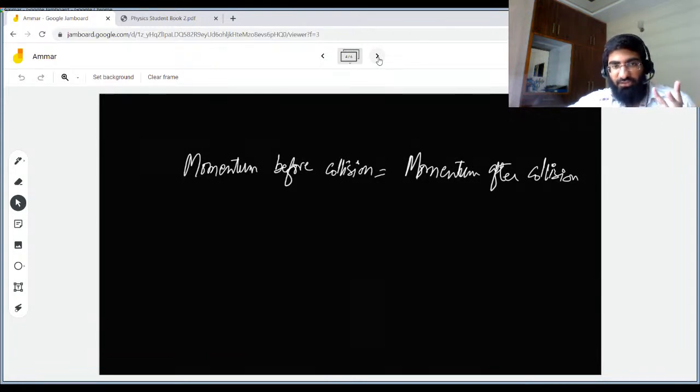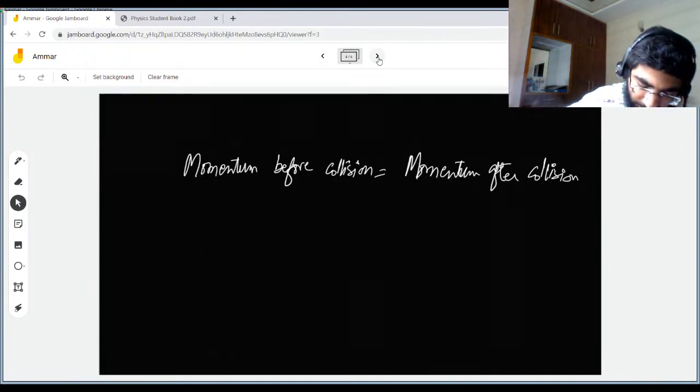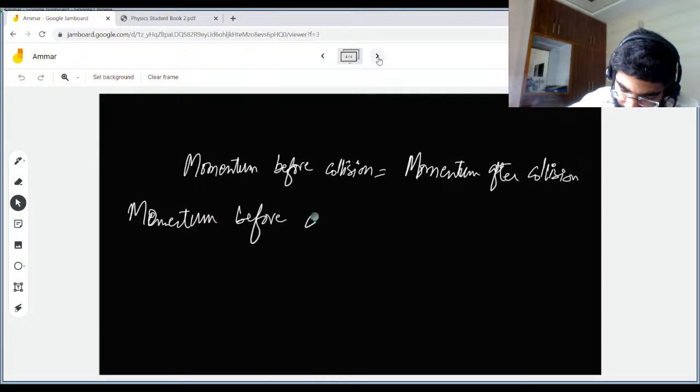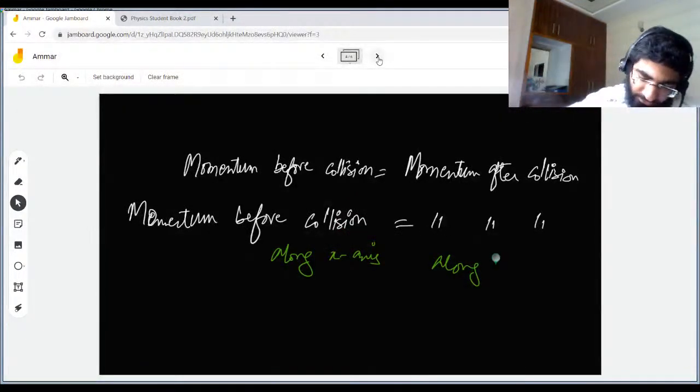What about when things collide at an angle to each other, and then move off at a separate angle after collision? In that case, we revise this statement: momentum before collision, and then we say along.